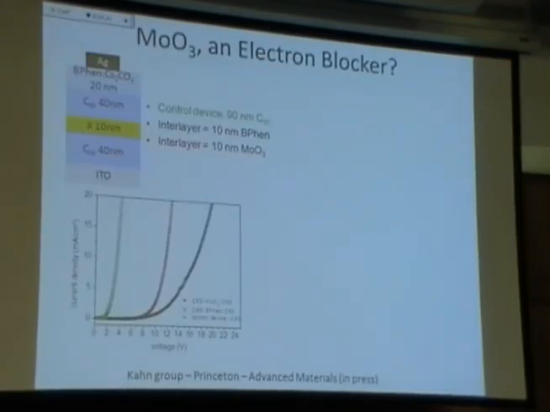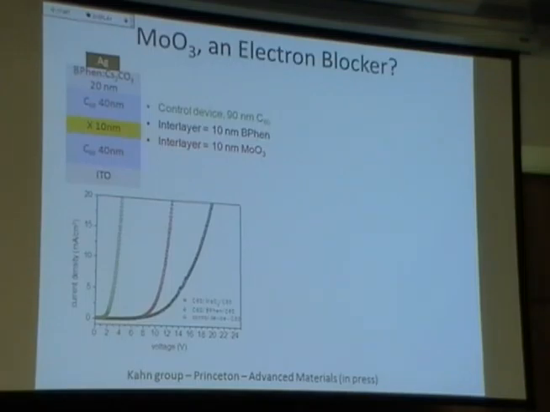Okay, so is moly oxide an electron blocker? Yes, no. Yes? Not because of the energetics, but because it accepts the electrons from the semiconductor, that hole that it leaves behind, that space charge, essentially serves to screen carriers from being extracted.